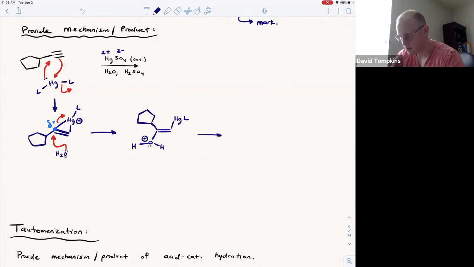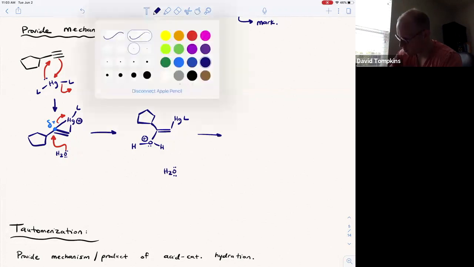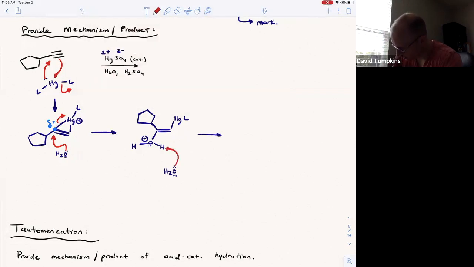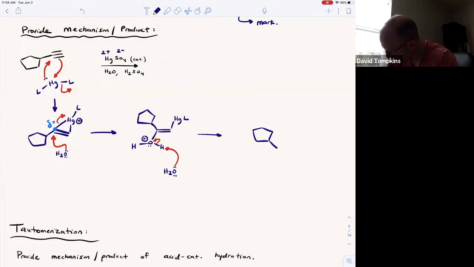So now, to alleviate that positive charge, another water or any base in solution is going to deprotonate and deliver a lone pair back to the electrophilic oxygen. And now we get to this intermediate that's known as a mercurinic enol.